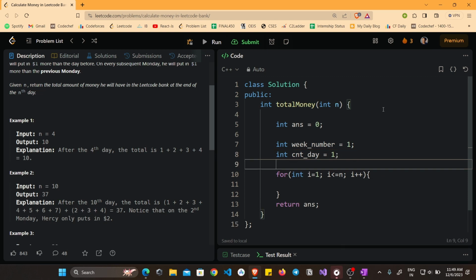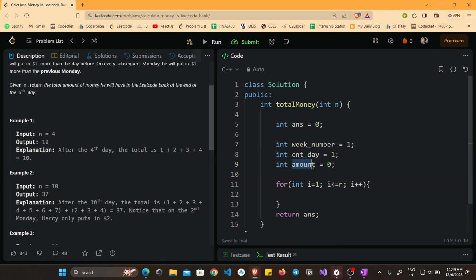One more variable will be int amount, equal to 0. This amount indicates, for the particular ith day we are on, how much he will deposit, and answer will indicate the total cumulative deposited value at the end of the nth day.